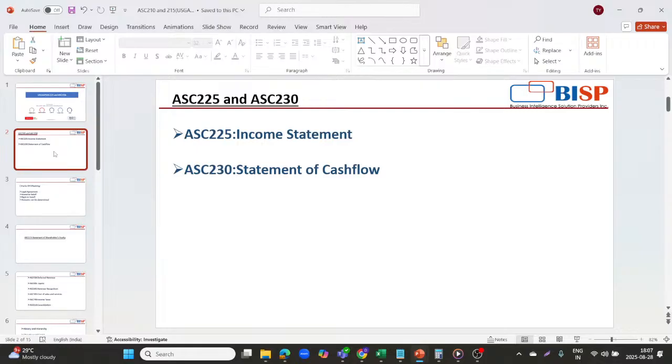This codification includes topic 225-20, which deals with extraordinary and unusual items that might be reported on the income statement. The next aspect that we will see is discontinued operations. ASC 225 also examines subtotals in the income statement that depend on the presence of discontinued operations, which are the parts of the business that are being sold or closed.